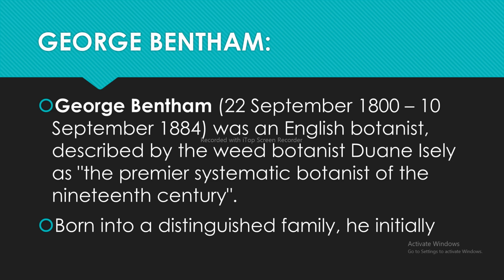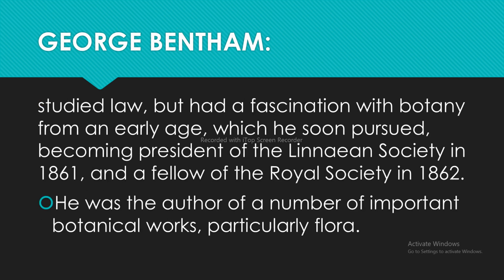Born into a distinguished family, he initially studied law but had a fascination with botany from an early age, which he soon pursued, becoming president of the Linnean Society in 1861 and a fellow of the Royal Society in 1862.